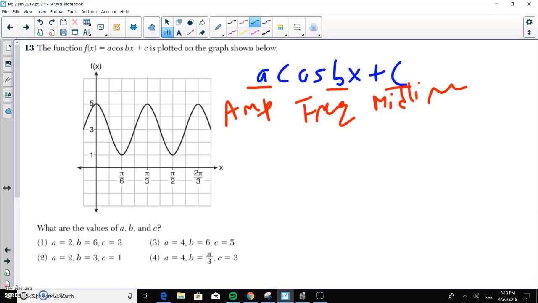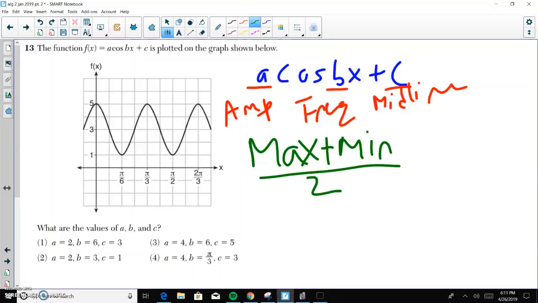So the midline, you're going to have to do max plus min over 2. So you have to look at the y values of the max and the min. So this is the greatest y value, so this will be called the max.